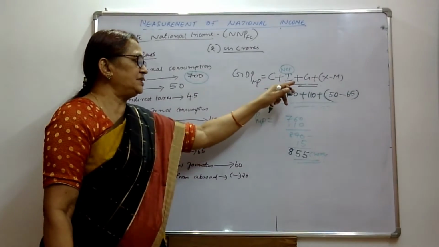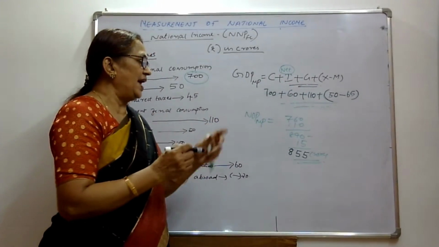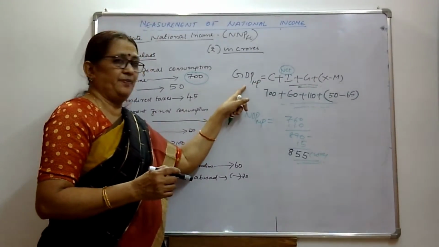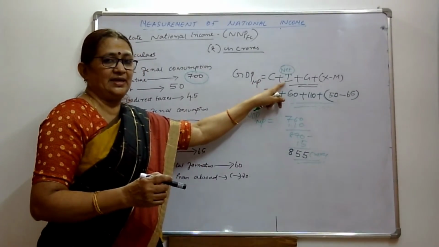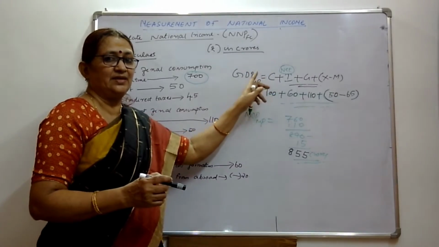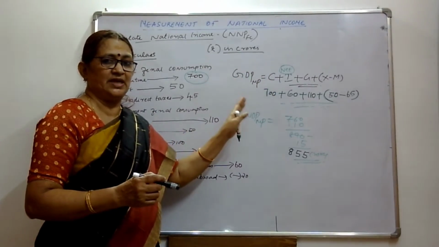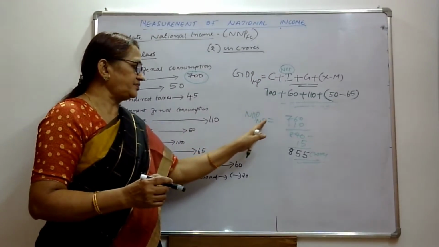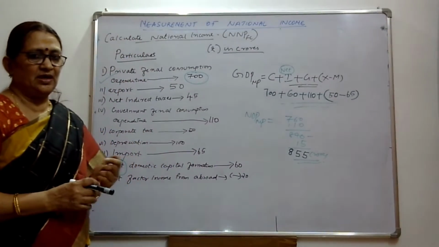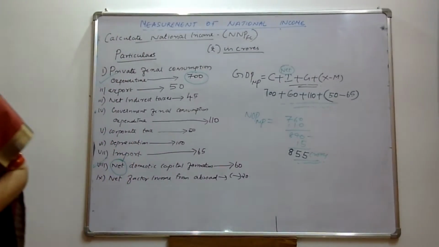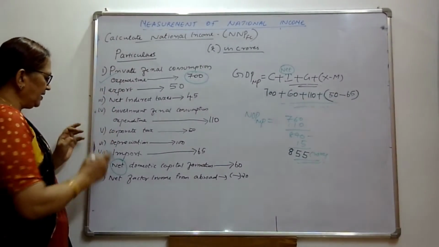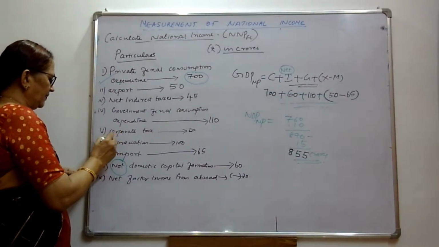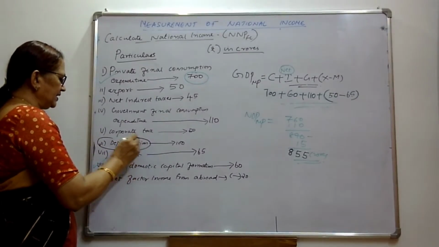C plus I plus G plus X minus M, actually we have to get GDP at market price, but as component I is not gross but net, that means after deducting depreciation we are getting NDP at market price. So we will check whether depreciation is given here. Yes, depreciation is given, so no need to deduct it again.